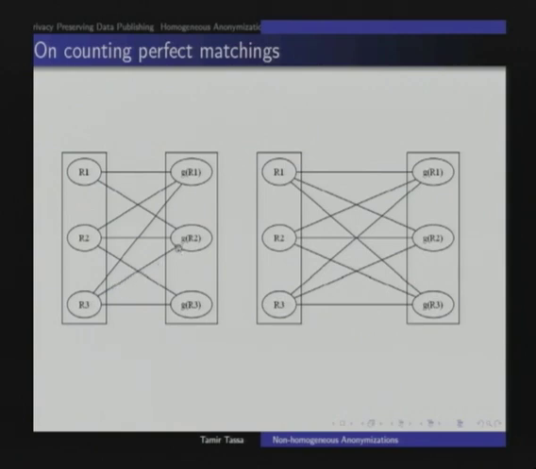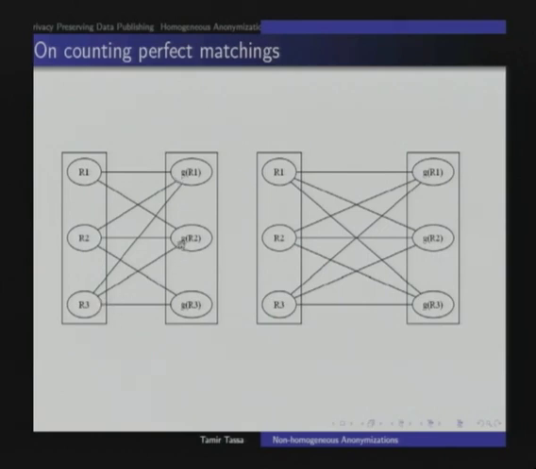However, can you find out how many perfect matchings in the graph include this edge? Can you tell me? Actually, the answer is one, because this edge and this edge are a perfect matching, but there is no other perfect matching in which this edge participates.